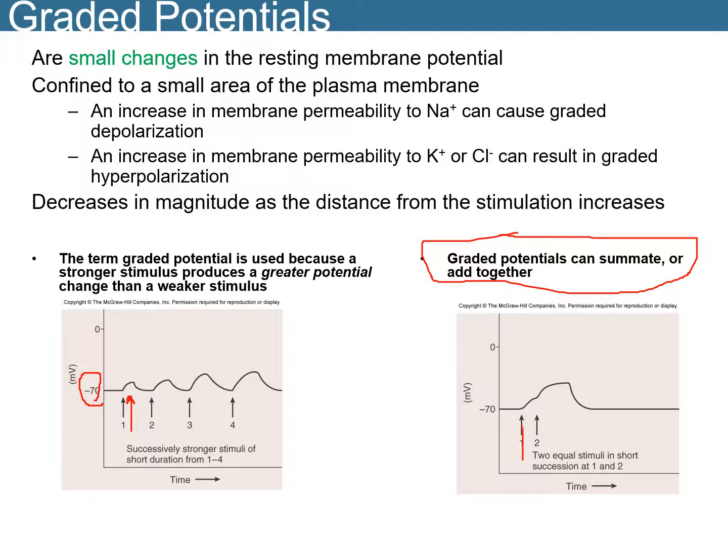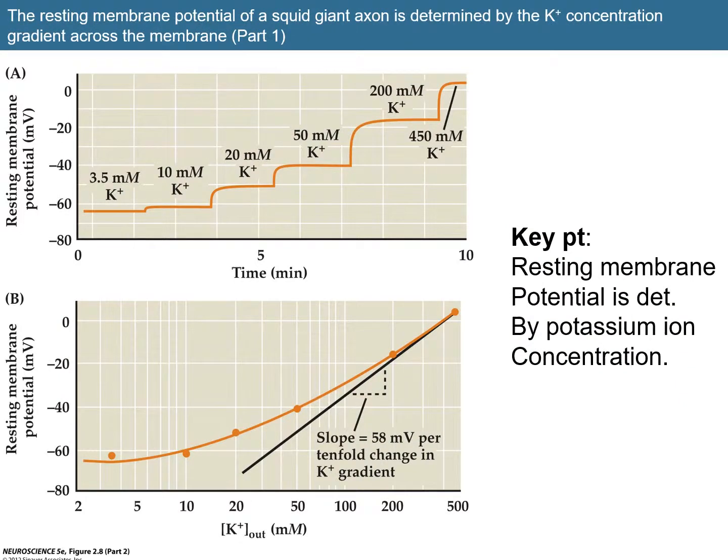So if we have two events that stimulate the same region of the neuron in short succession, it leads to a summation of the two events. And until it reaches threshold, those two events can actually depolarize, get us closer to threshold, but they won't cause the action potential.